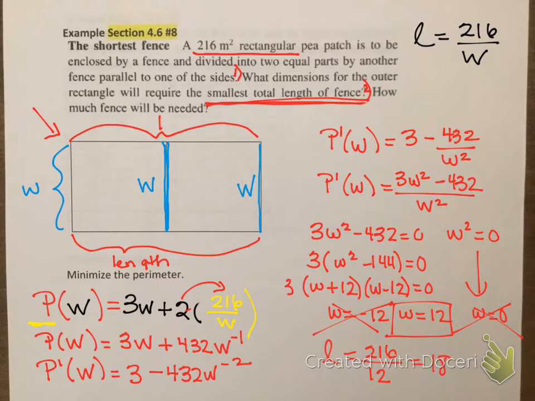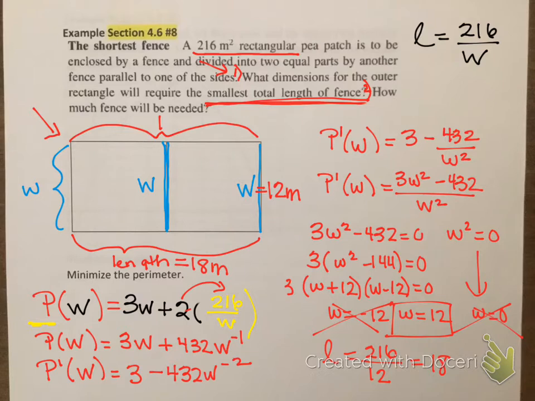So let's look back up at question 1 here in my problem. What dimensions for the outer rectangle will require the smallest total length of fence? Well, that will happen when my length is 18 meters and my width is 12 meters. Those would be the dimensions that will require the smallest total length of fence.